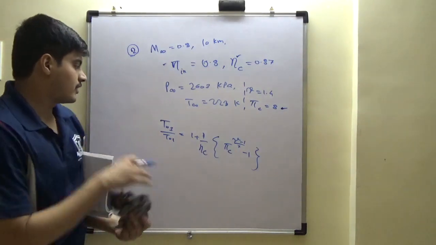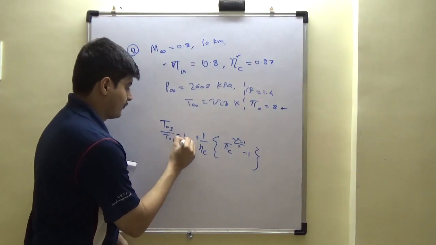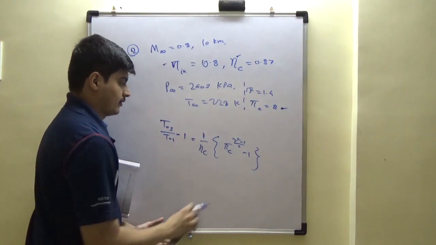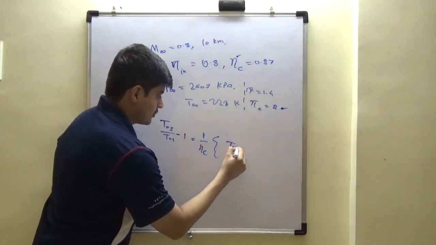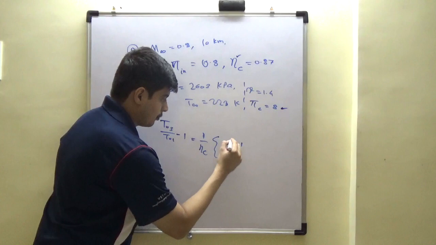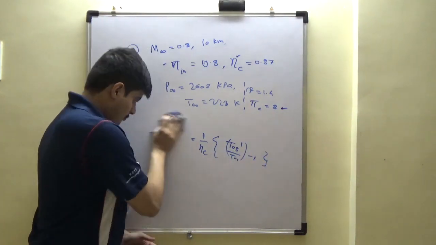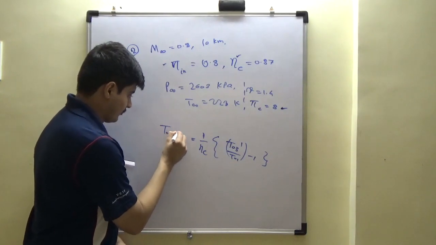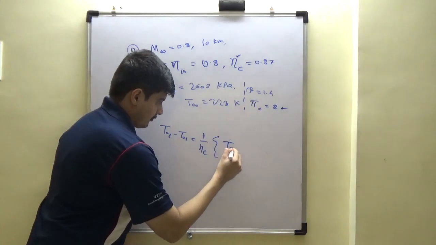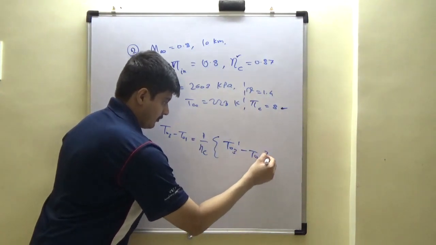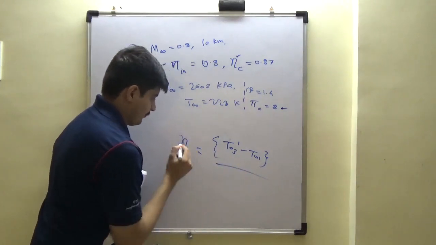How did I arrive at this relation? Let me write one step behind. Pi C raised to gamma minus 1 by gamma. This is T03 dash upon T01 minus 1, which means, right? But this is what we know.